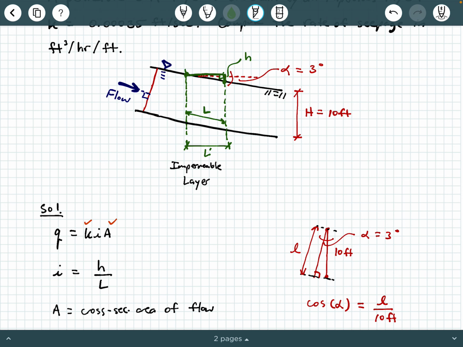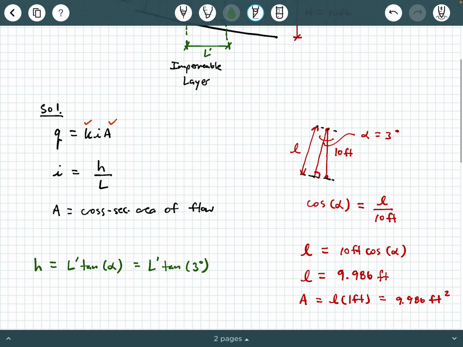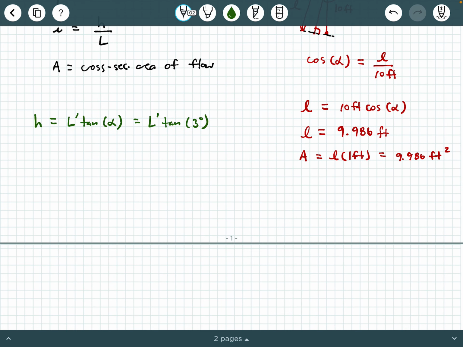Well, again, I can look at a little right triangle that's defined by a hypotenuse of regular L, and I can do some basic trigonometry, and I can say that L is equal to L prime divided by cosine of alpha, which again is L prime over cosine of 3 degrees, all right?